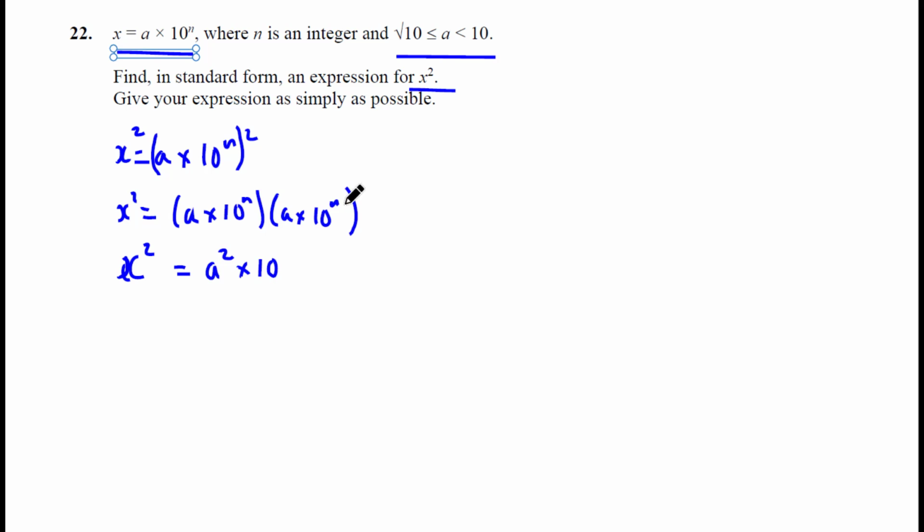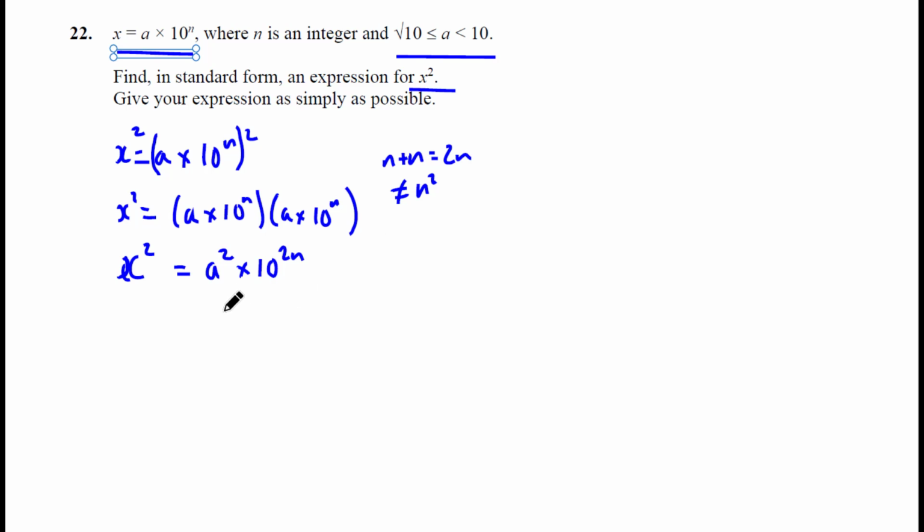So n add n is in fact 2n, not n squared, because that's a common error people make. So this is looking quite good now. Hopefully up to here you should get a method mark at least.